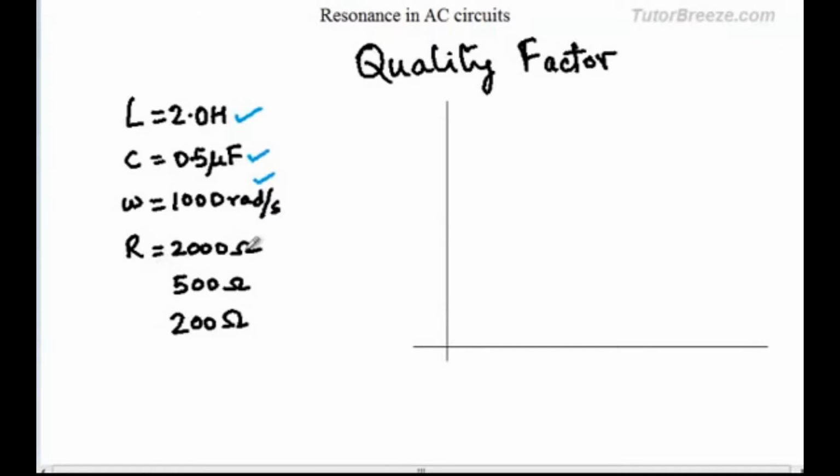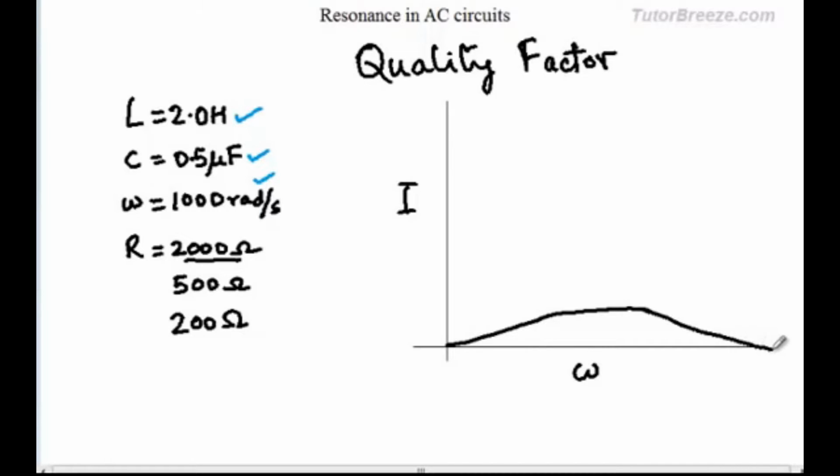Now for different values of resistance, we'll plot a graph between the current amplitude and the angular frequency omega, which means as we vary omega, we want to plot the value of the current amplitude. When the resistance is 2000 ohms, which means it's a very large value, we get a graph which looks like this.